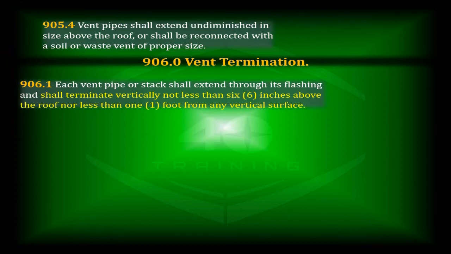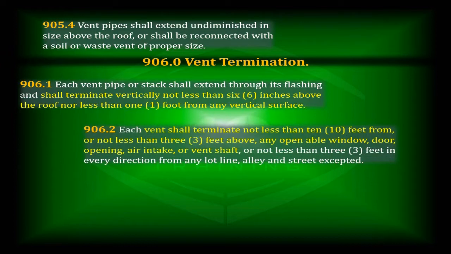If it has a window or a door, you've got to think to yourself, I don't want my vent gases going into that residential space, so I'm going to have to follow 906.2, which says each vent shall terminate not less than 10 feet from or not less than 3 feet above any openable window, door, opening, air intake, or vent shaft, or not less than 3 feet in any direction from a lot line, alley, or street.